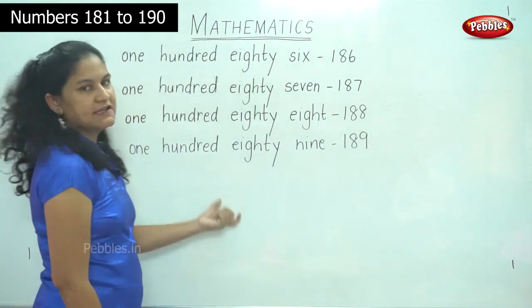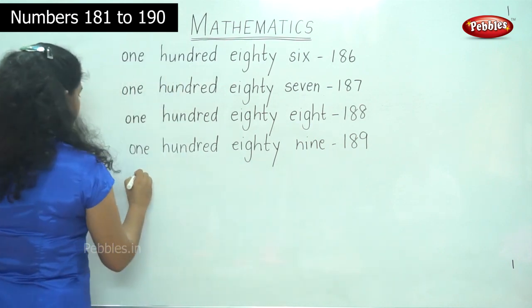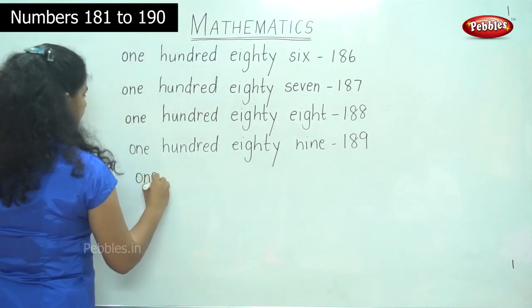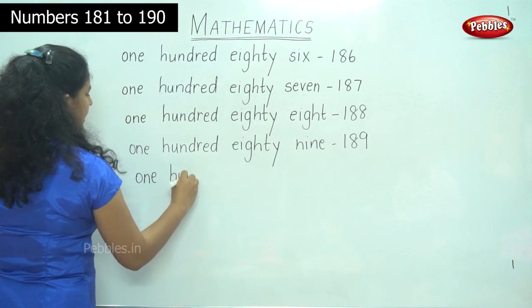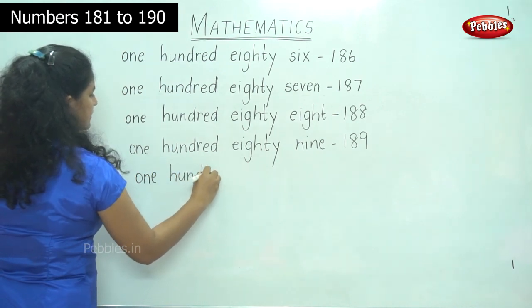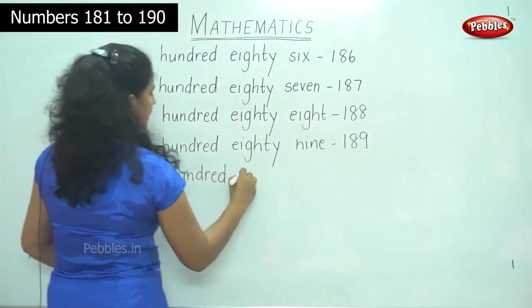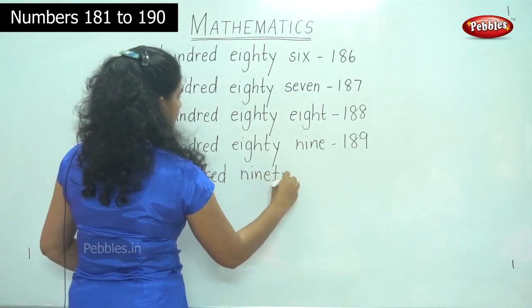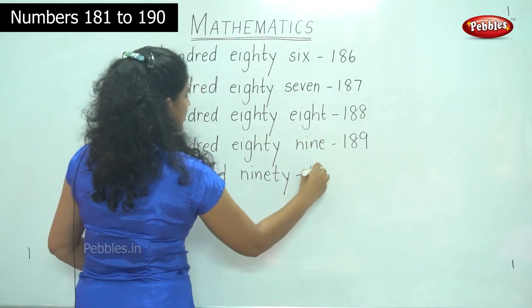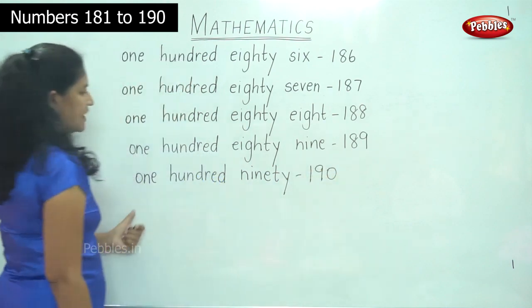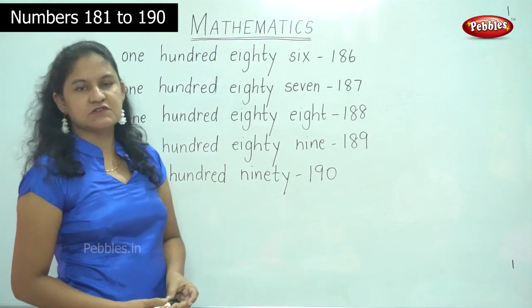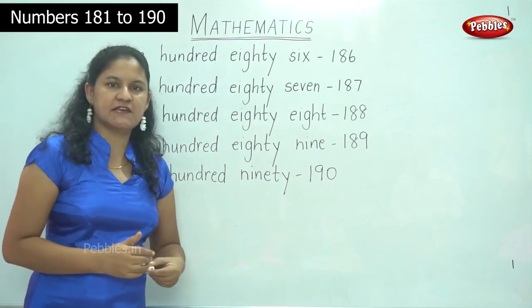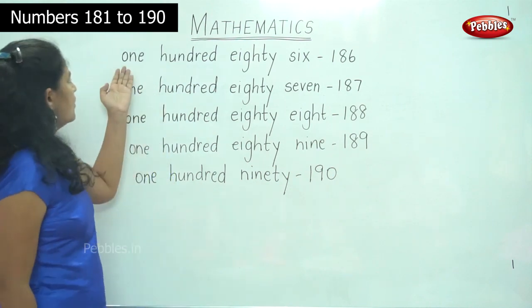Then O-N-E, 1, H-U-N-D-R-E-D, 100, N-I-N-E-T-Y, 90. 190. So these are the number names for the next 5 numbers.